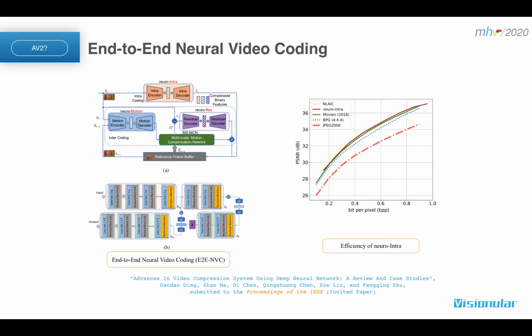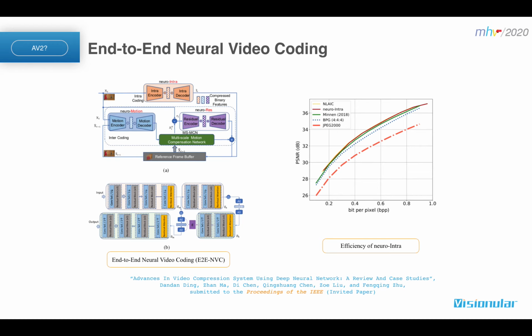One is the result of end-to-end neural video coding, completely replacing the traditional transform plus motion estimation framework, but still following the use of different neural networks for intra-frame and for inter-frame.